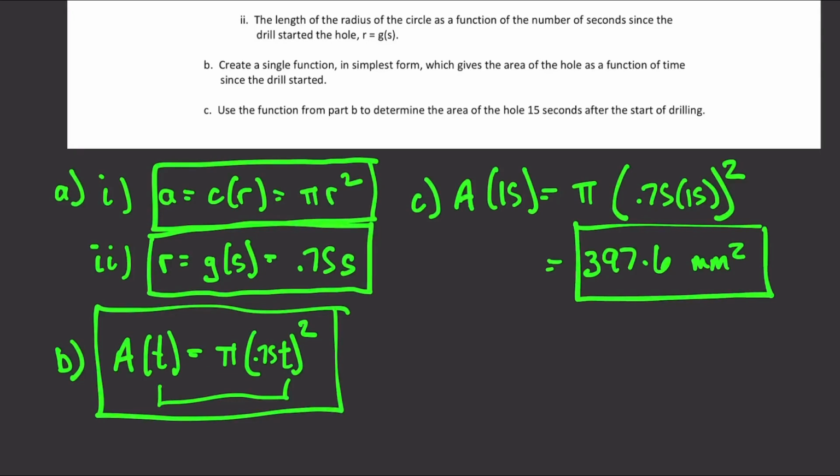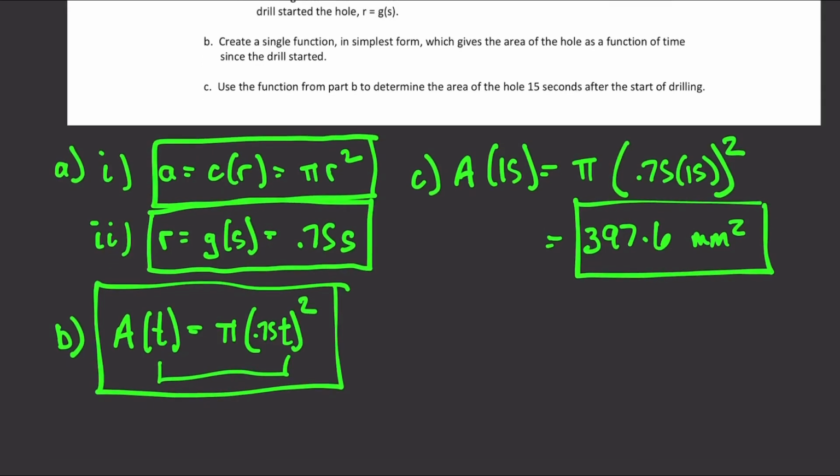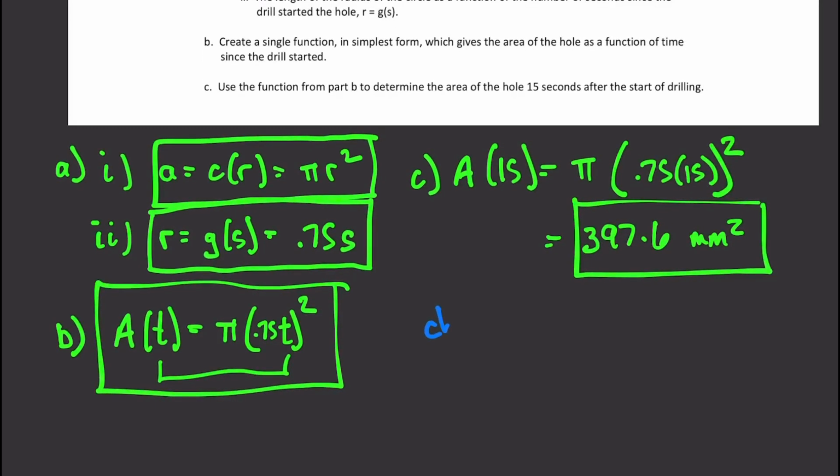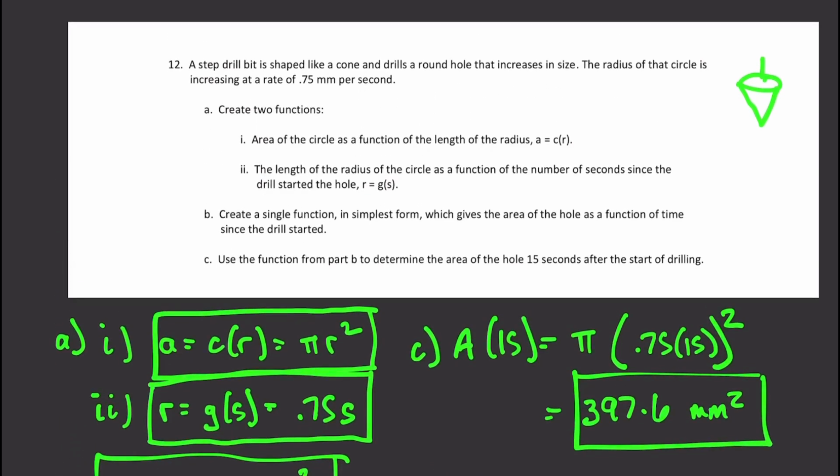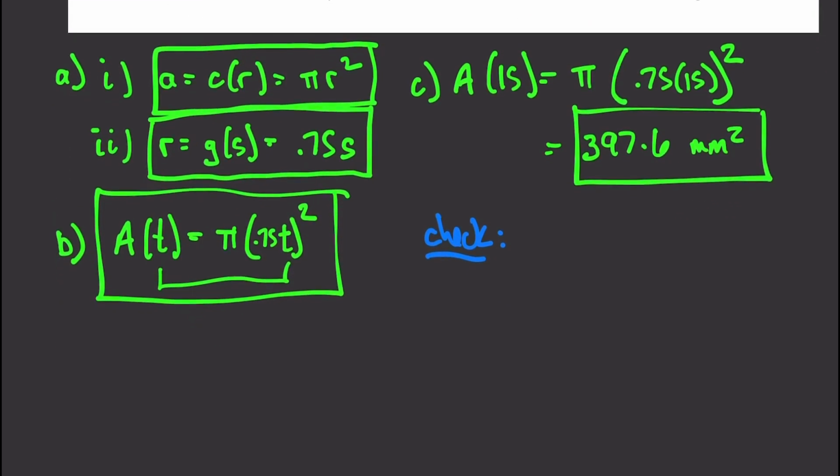Now, if you're confident in your answer, that's great. You don't have to do anything more, but if you're taking a final exam, let's say, and you want to check this, here's how you would do it. Since we know that the radius is increasing in size, 0.75 millimeters per second, and we want the area at 15 seconds, a quick check would say, well, my radius is going to be 15 times 0.75, or 11.25 millimeters at 15 seconds.